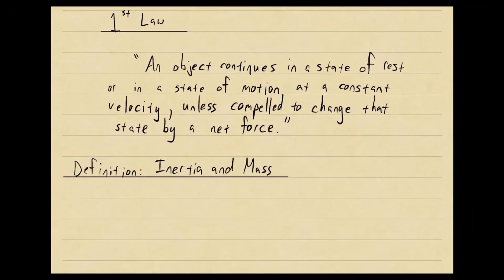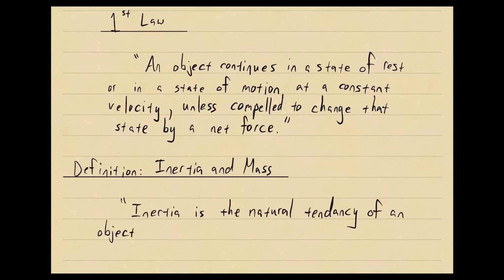It says that inertia is the natural tendency of an object to remain at rest or in motion at a constant velocity.